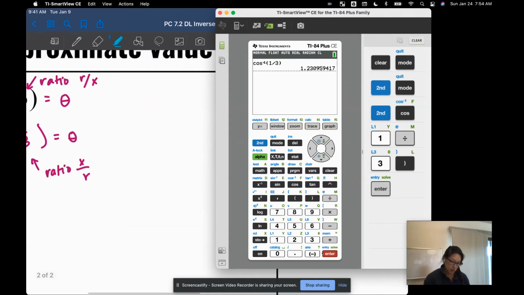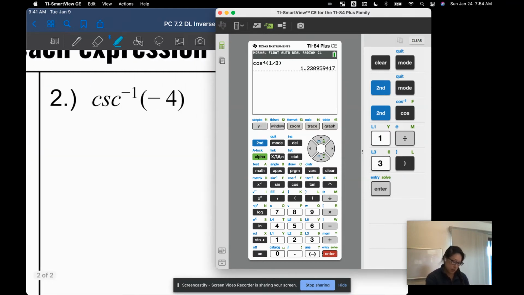All right, let's do another one. Cosecant. So we can rewrite that. Remember, this is the ratio of r over y. And so for cosecant inverse, I can use the reciprocal of sine inverse, and then I need to reciprocate the ratio.